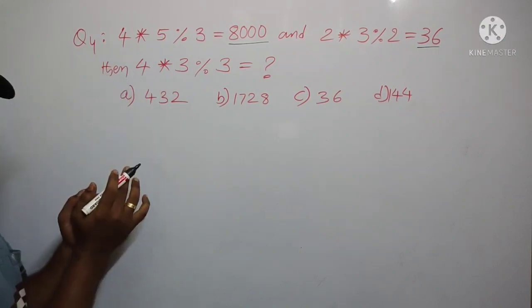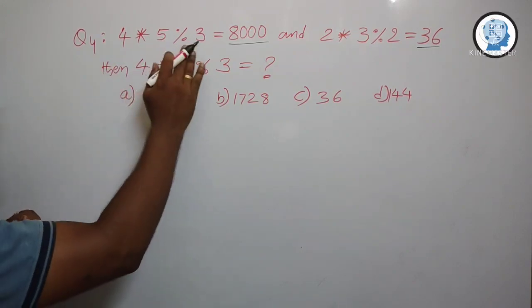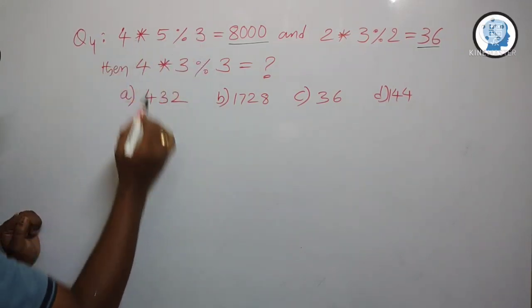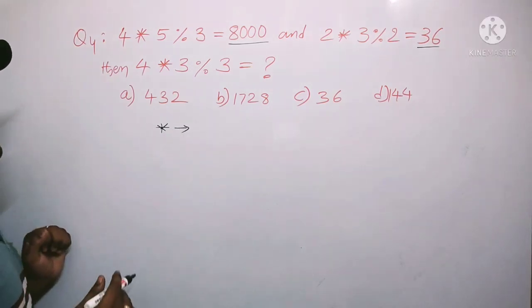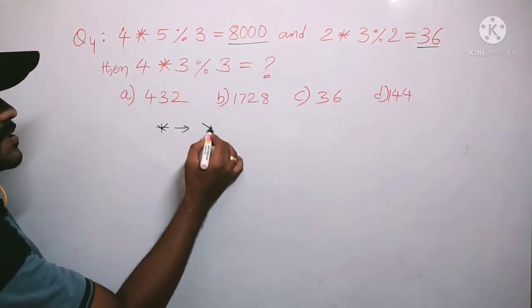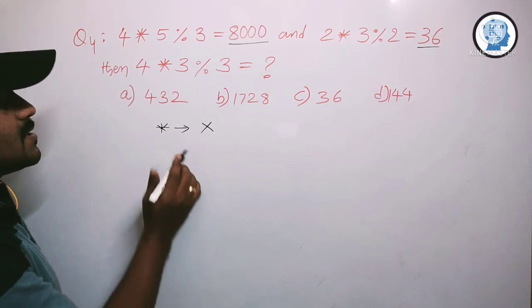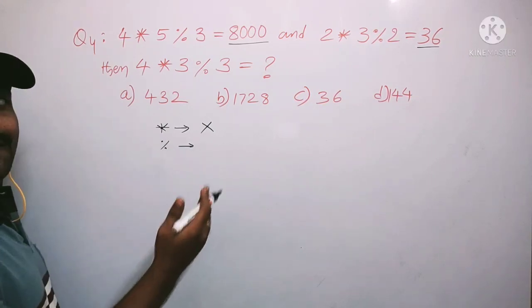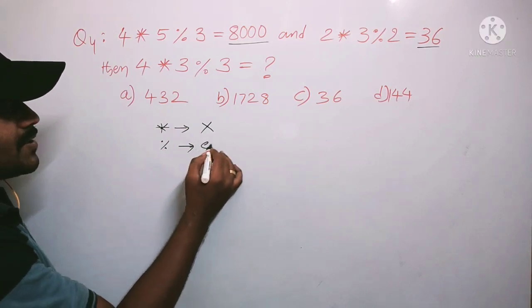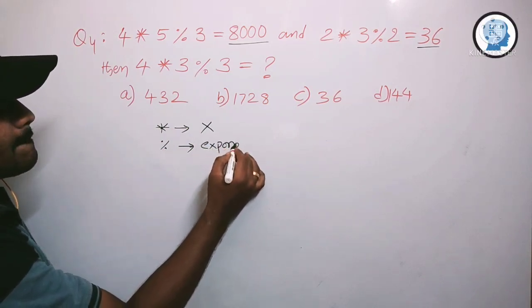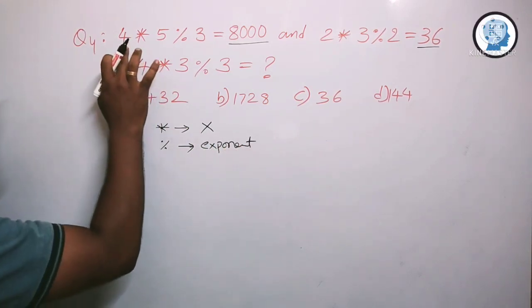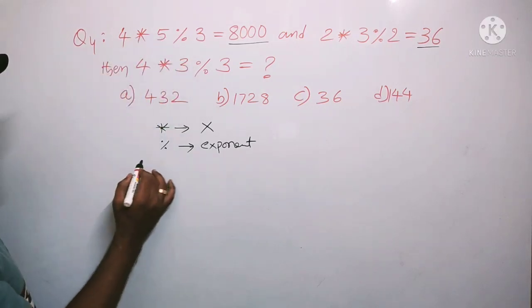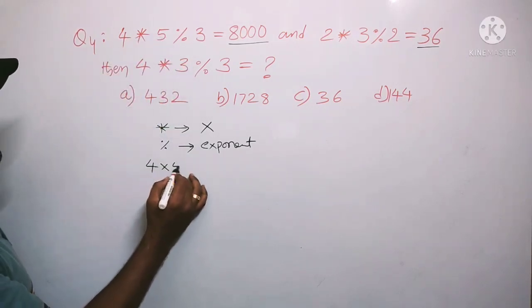4, 5. We have 4, 5. I want to use 4, 5 and 3. So this star we can use as multiplication. Percentage we can take as exponent. So 4 and 5, we have 4 into 5.